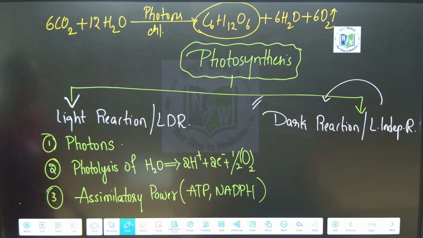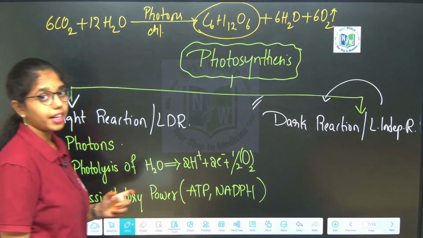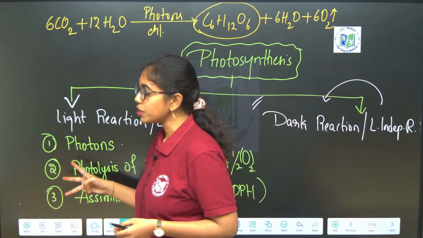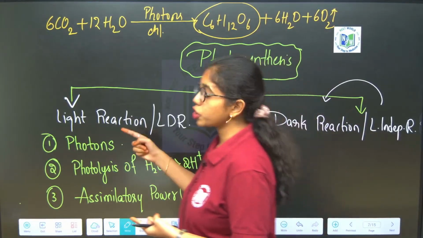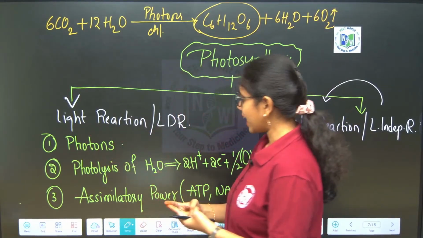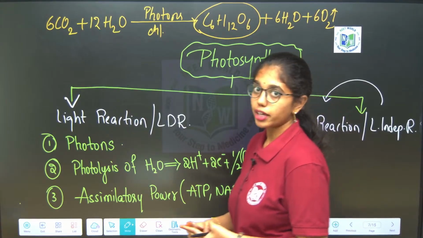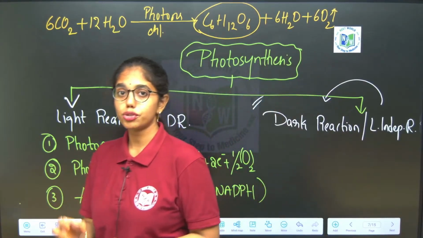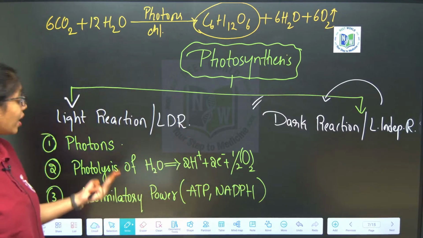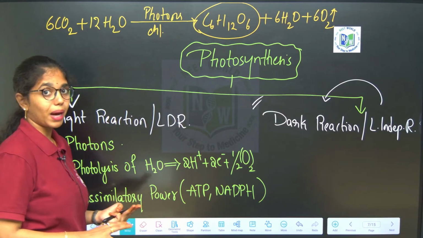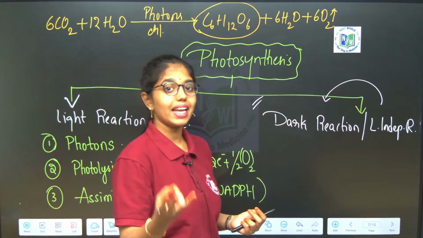So in light reactions, three sequential events happen: absorption of light in the form of photons; photolysis of water, where a water molecule is photolysed to 2 protons, electrons and an oxygen atom; and formation of assimilatory power, that is ATP and NADPH.